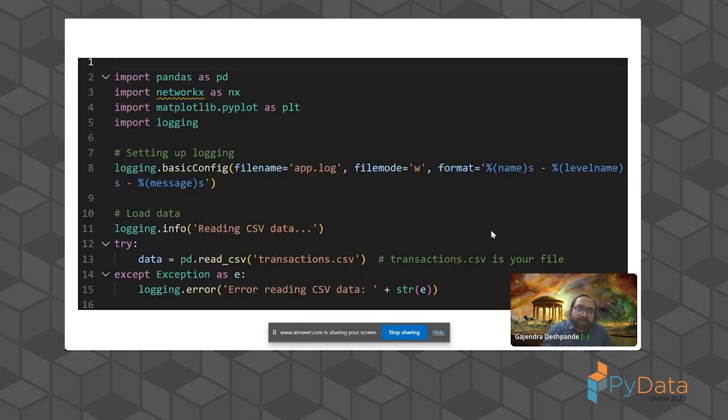So extending the previous program, you can see here we have set up the logging process by using the logging.basicConfig function. So define the file name that's called app.log, and it's opened in write mode because we want to write everything to some file. So we can call it the log file here. Then what type of message do you want to add?